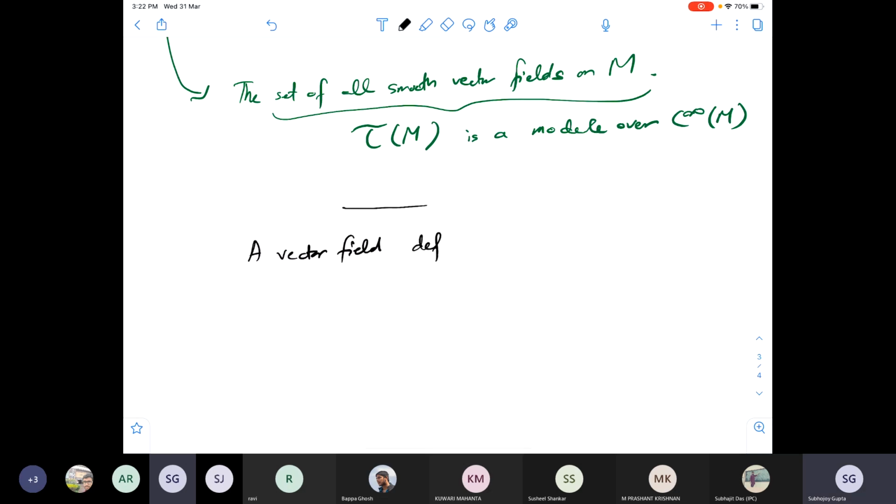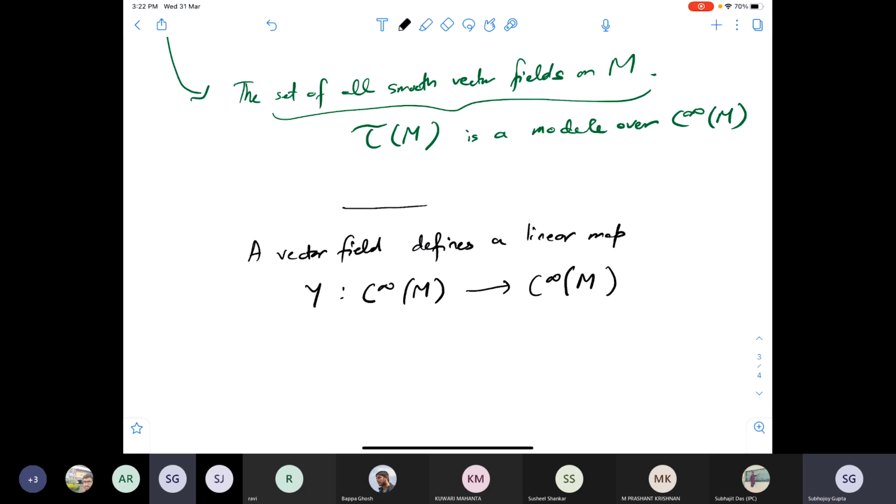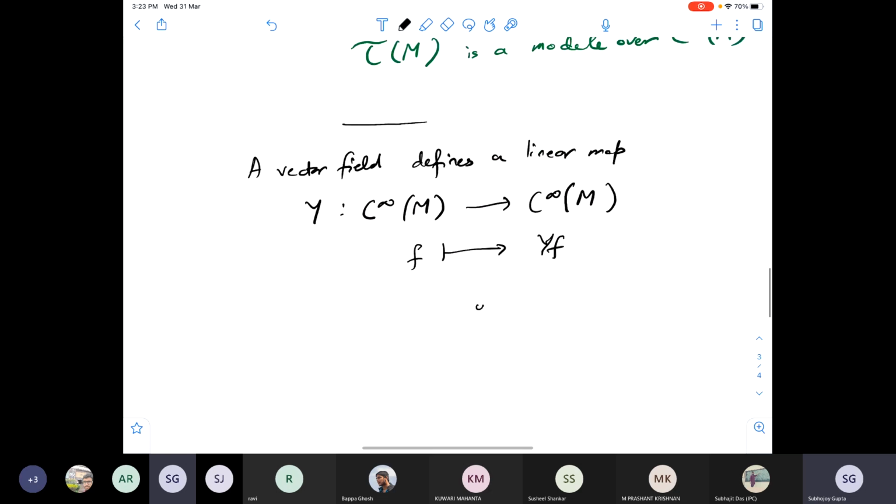It defines a linear map Y from smooth functions on the manifold to smooth functions on the manifold. And what is this map? It takes a smooth function f to what we'll denote as Yf, which is going to be a new function.